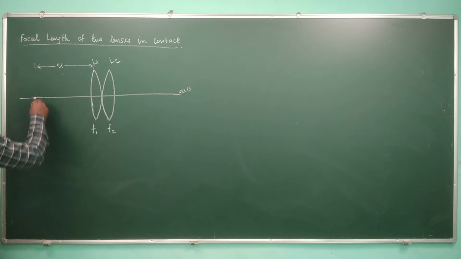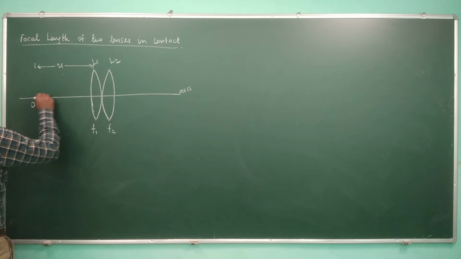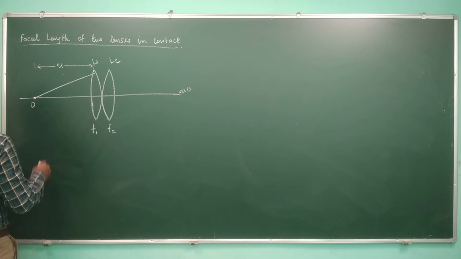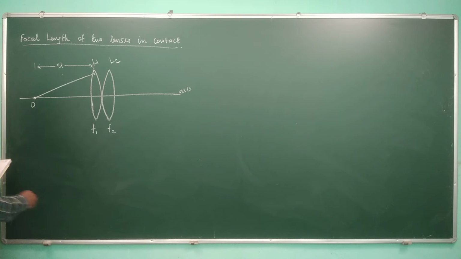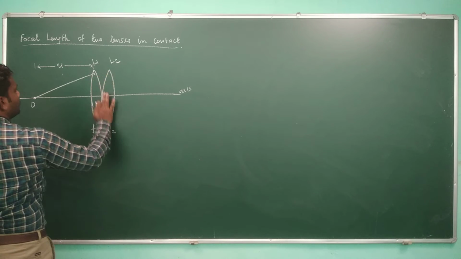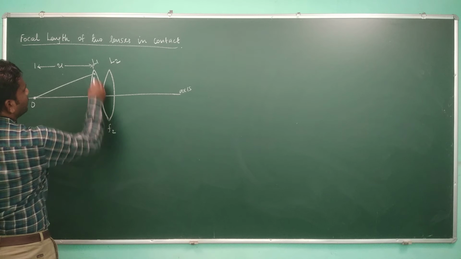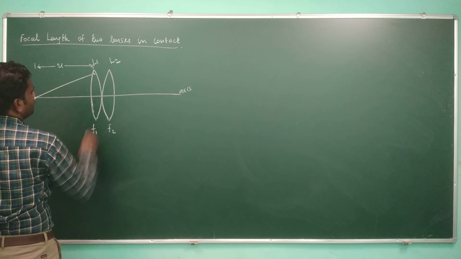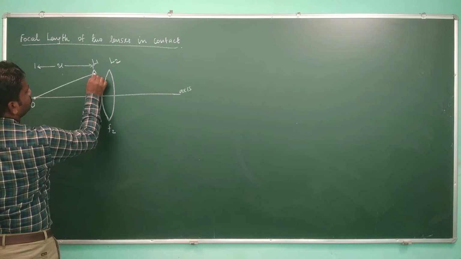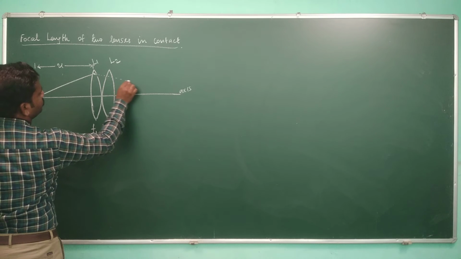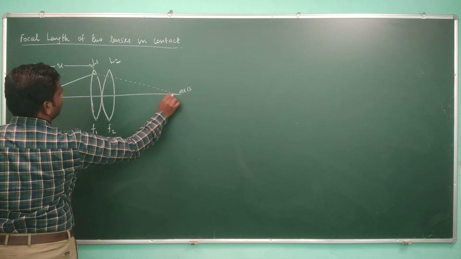Now, a light ray originating from the point object O strikes the lens at this point. Assume this second lens is not present. In that case, this light ray will get refracted and travel to a point somewhere here.